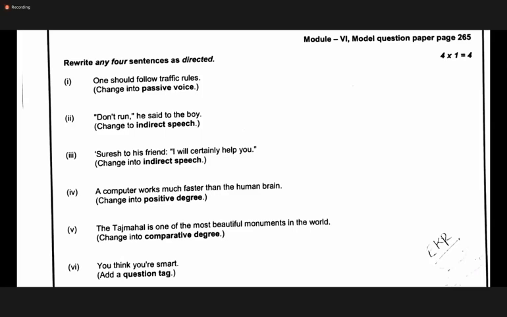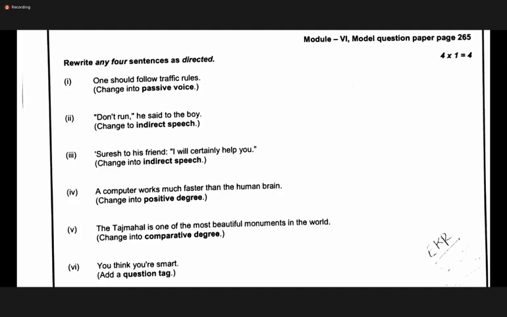That observation should be there. When you are asked to change a sentence from direct to indirect speech, first observe the type of sentence. It may be a statement, question, imperative, or exclamatory. Here an imperative sentence is given.